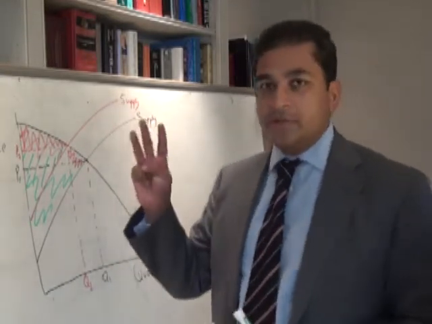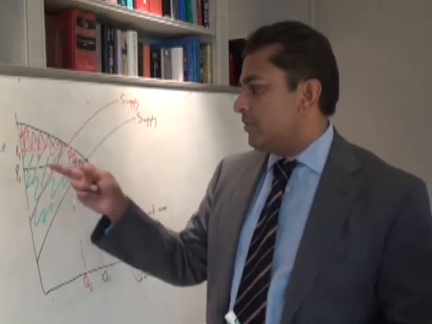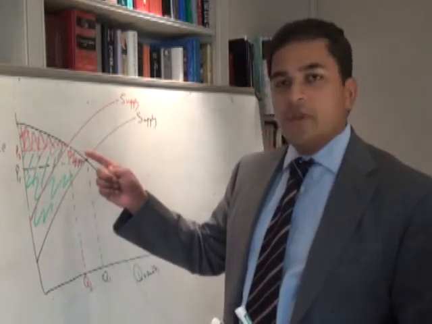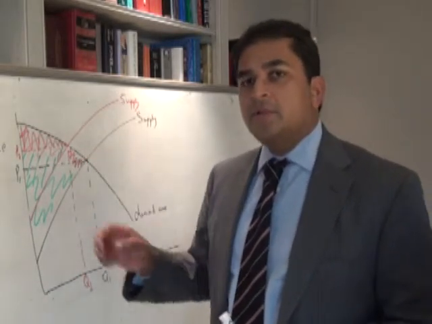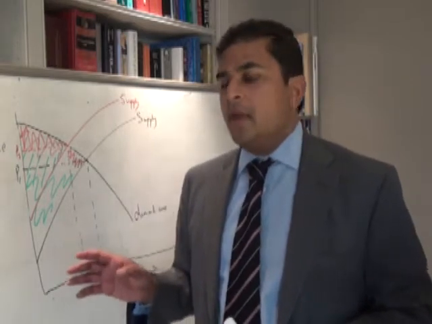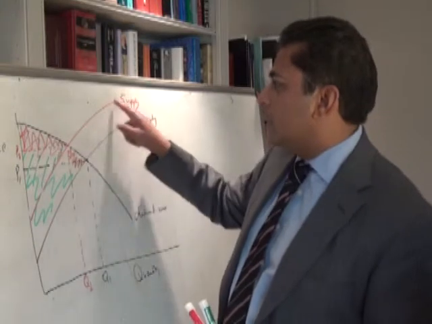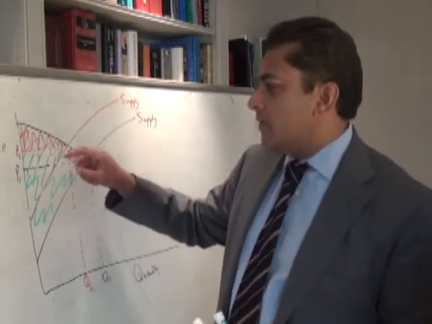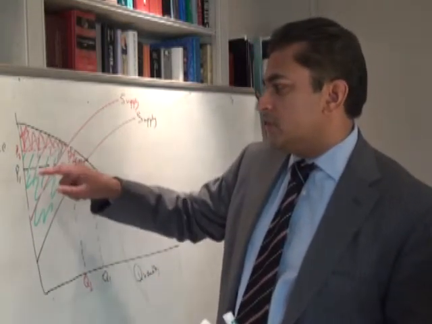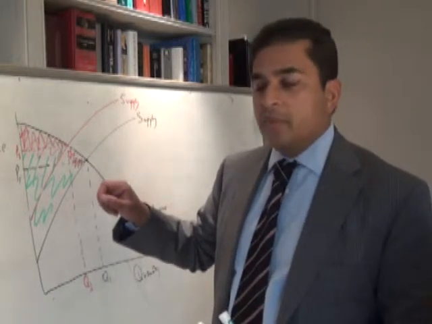So you have three losses. You have consumers lose, you have producers lose, and you have the overall economy losing. That's why it's a non-zero sum game, because when you distort the economy, most economies are on this red line here. They are distorted. And there are losses to consumers, producers, and a deadweight loss in the economy.